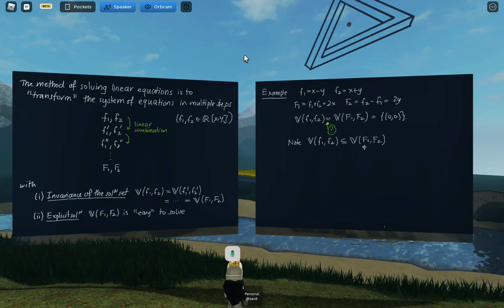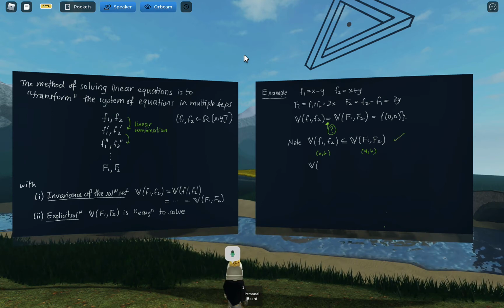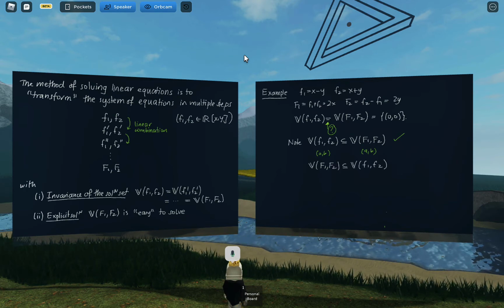And it's a solution of F2 for the same reason. So that means that if (A, B) is in the left-hand side, it's also in the right-hand side. Okay, so that inclusion is clear. But what is a general reason for the reverse inclusion? Can somebody suggest some general reason which tells us why this inclusion has to hold as well?